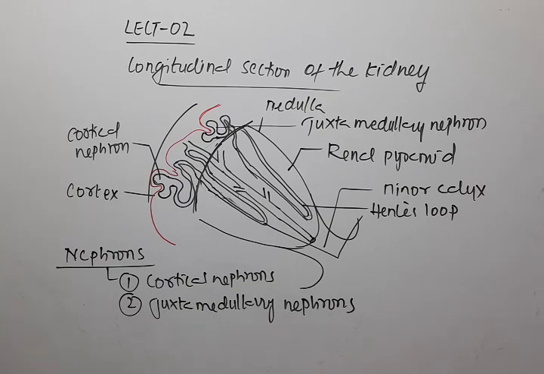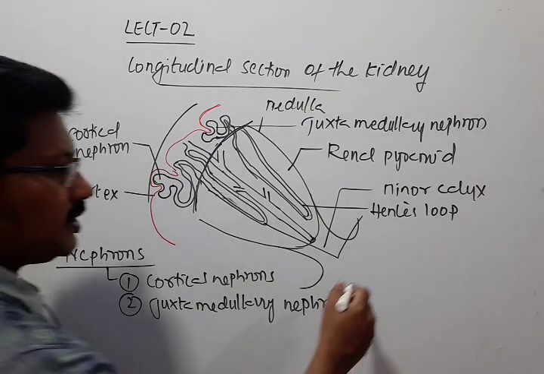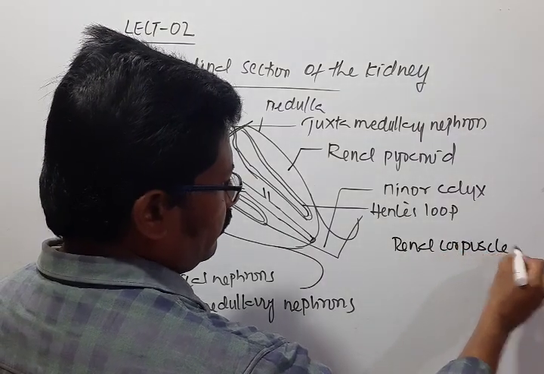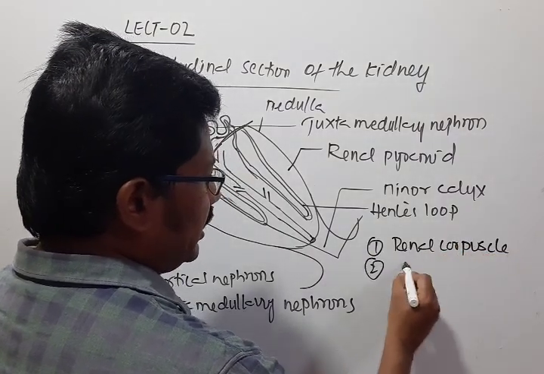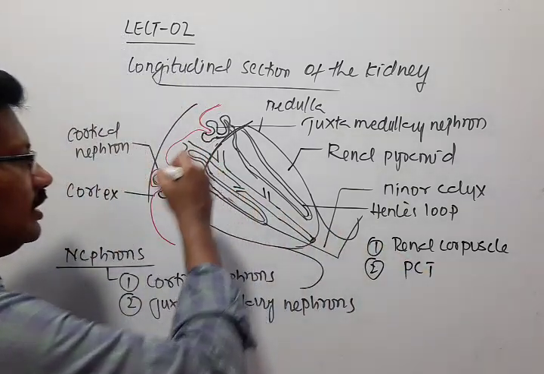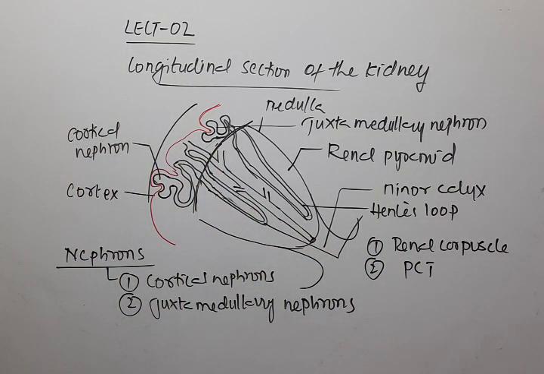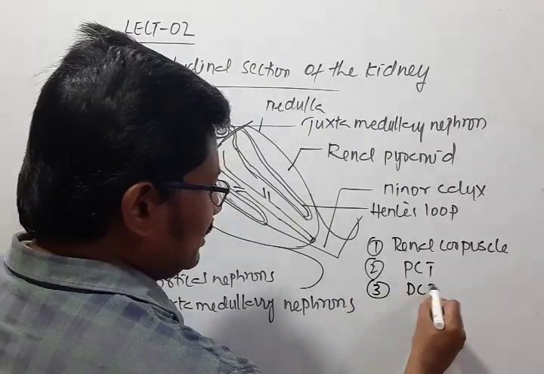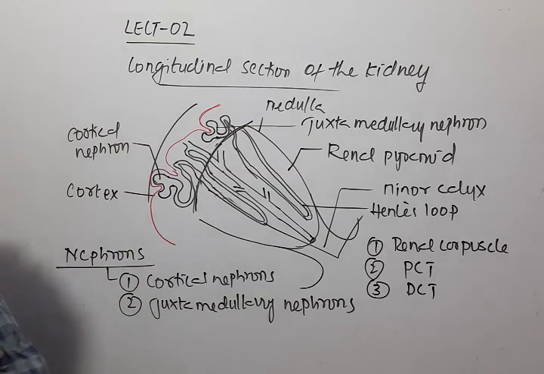So here the renal corpuscle, right, and then the PCT, that is the proximal convoluted tubule, then DCT, the distal convoluted tubule, and a part of the collecting duct.